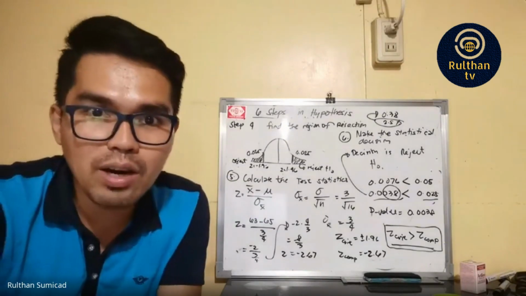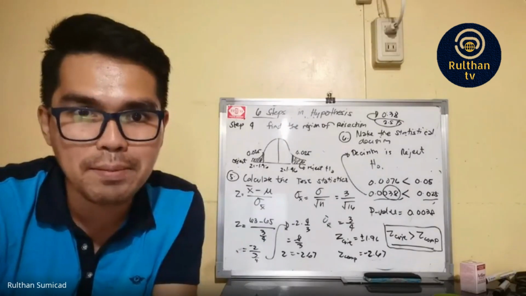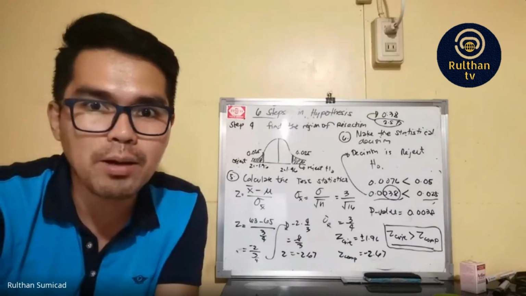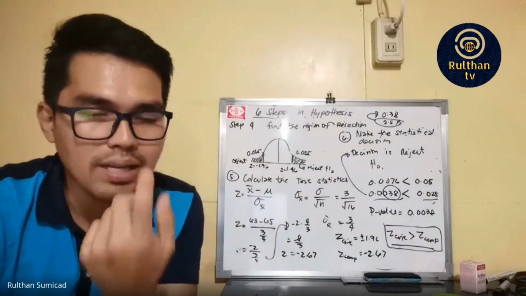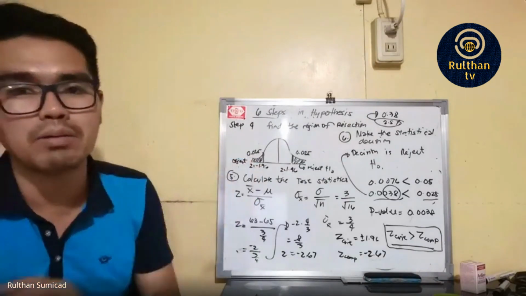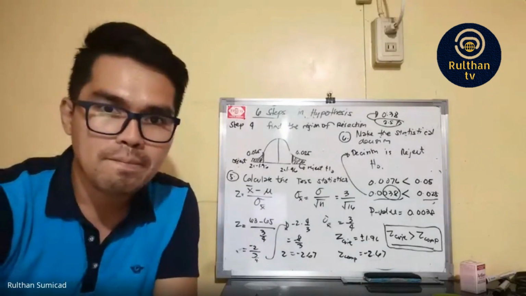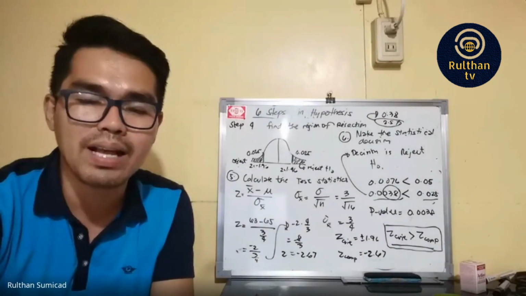Okay, if your dependent variable is IQ and the mean IQ of the general population is 100, then the null hypothesis would be expressed as H sub 0 colon mu equals 100. Just remember how we set up our null hypothesis earlier. And then step 2 is select the statistical test and the significance level.